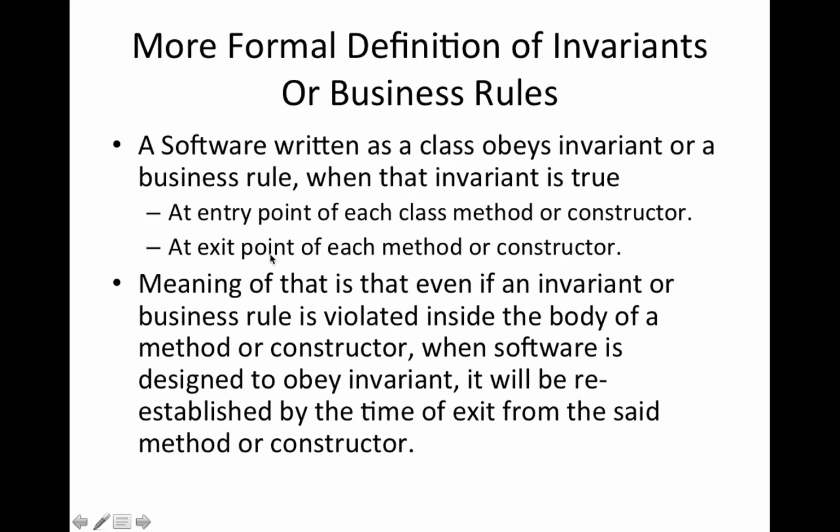And at the exit point of each method or constructor. In between it may not be true, but at the entry and exit it will be maintained and it will be true. The meaning of that is that even if an invariant or business rule is violated inside the body of a method or constructor, when software is designed to obey the invariant, it will be re-established by the time of exit from the said method or constructor. Okay.